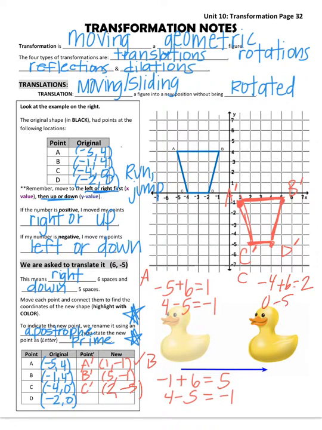And 0 minus 5 is -5. So I'm just showing you different methods of calculating where the points for the prime should be. You could do addition, or you could just count the units, count your squares. Alright, so D's x was -2 plus 6, which is 4. Y was 0 minus 5, which is -5.